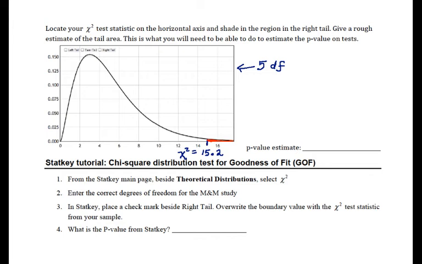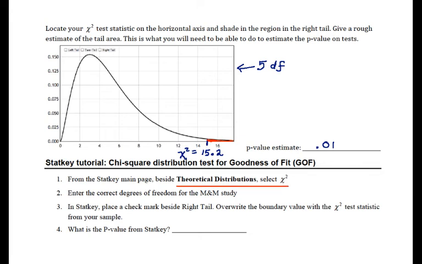Do we think it's more than or less than 1%? At that point, it might be sort of hard to answer. So maybe I'm going to say it's around 1 or 2%. Let's go ahead and just say 0.01, which is 1%. Very reasonable estimate, even though we know from our example we already did that, at least from the randomization distribution, it came out to be less than 0.01. Let's see what it actually comes out to be in the theoretic chi-square distribution.